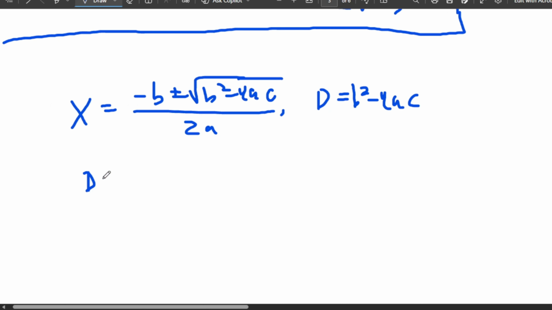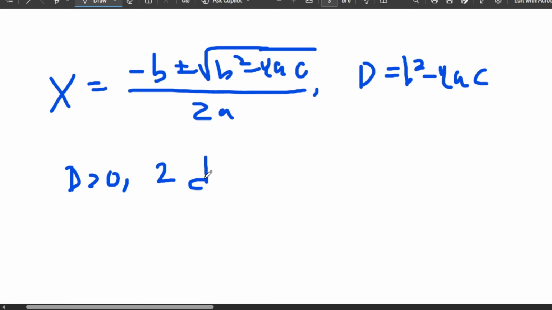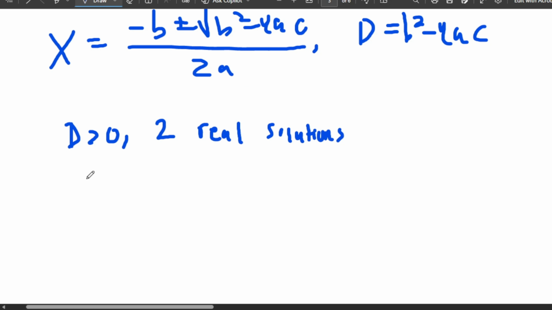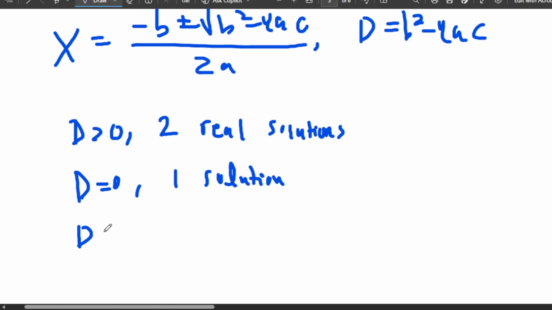Whenever the discriminant is greater than 0, we would have two distinct real solutions. If D was equal to 0, then we had one solution. And if D was less than 0, then no real solutions. It will be complex solutions.